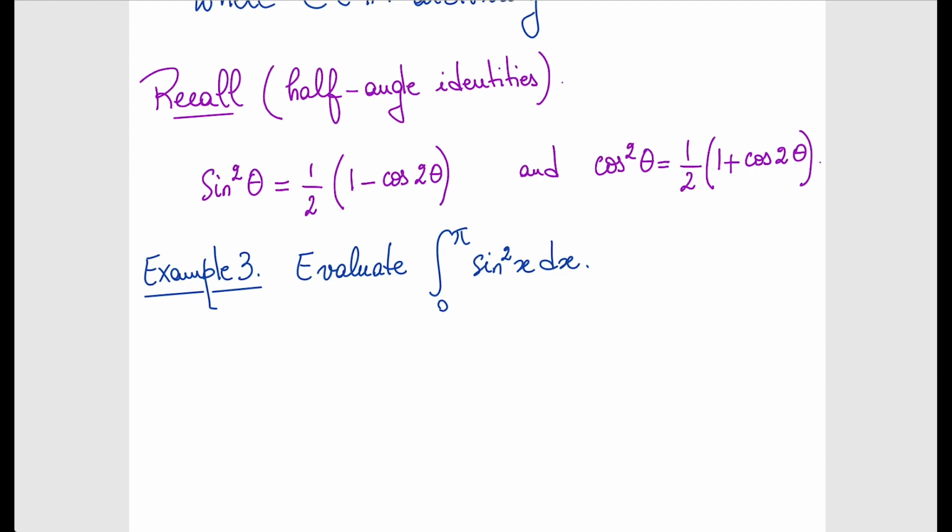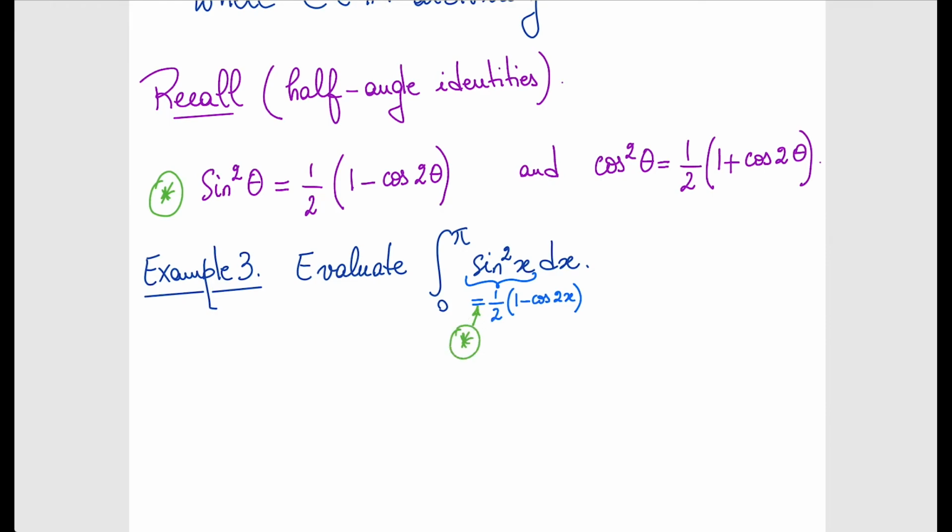So again, I'm going to replace this integrand by 1/2 times 1 minus cosine twice x. And why? What is this coming from? It's coming from the half-angle identity. So how about we label that as asterisk? So this is simply by asterisk.